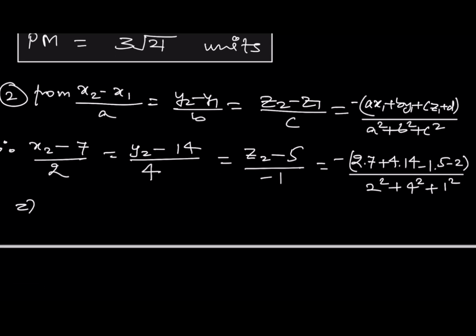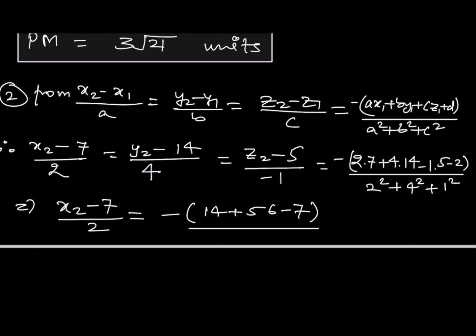So x2 minus 7 upon 2 is equal to minus (14 plus 56 minus 7) upon (4 plus 16 plus 1).